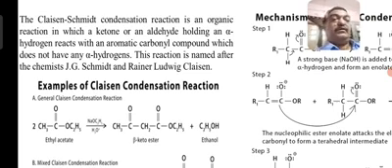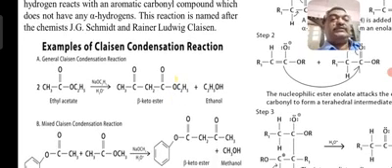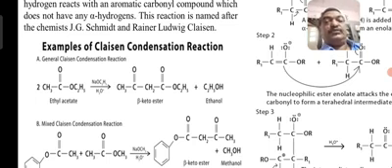Okay, now let us see what exactly the reaction is. A general Claisen condensation is two molecules of ethyl acetate, CH3COOC2H5. This is an example: CH3CO is a ketonic group containing an ester part OC2H5.